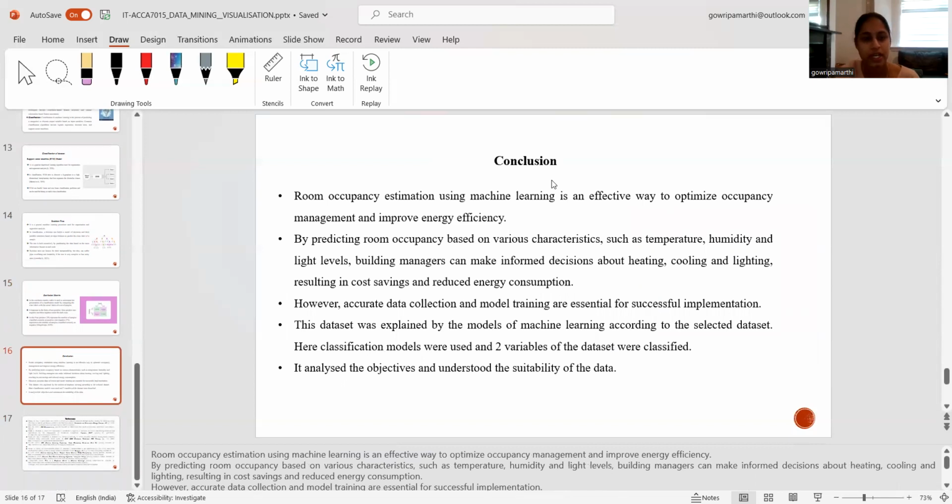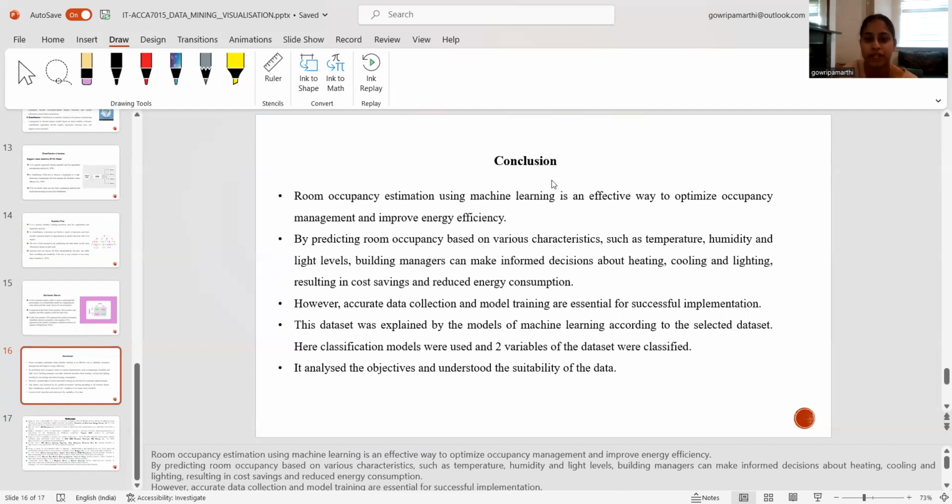Coming to the conclusion. Room occupancy estimation using machine learning is an effective way to optimize occupancy and manage the energy efficiency of the room.